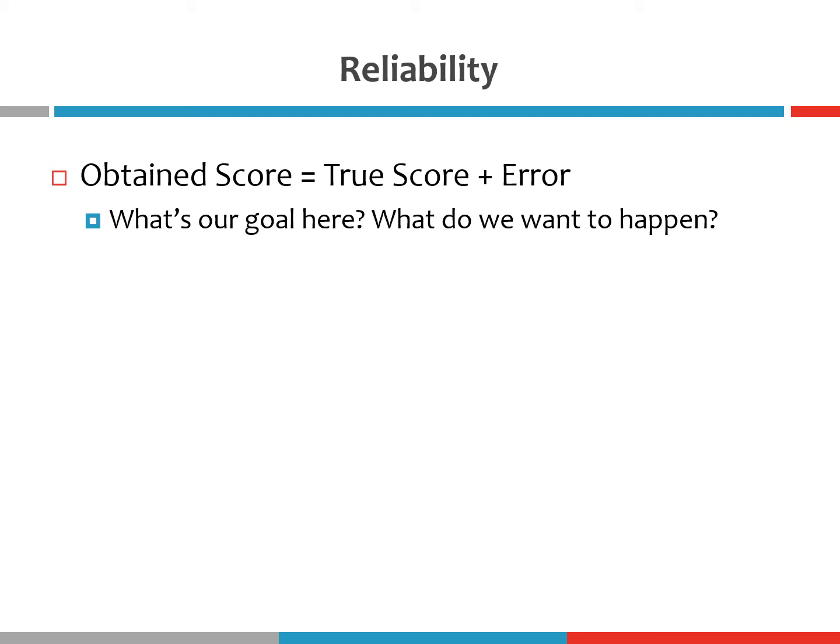The true score is our respondent's actual degree of whatever we're measuring, so their actual depression score or their actual intelligence score, plus error, which we've already talked about. So what is our goal when we are attempting to create a reliable measurement instrument?